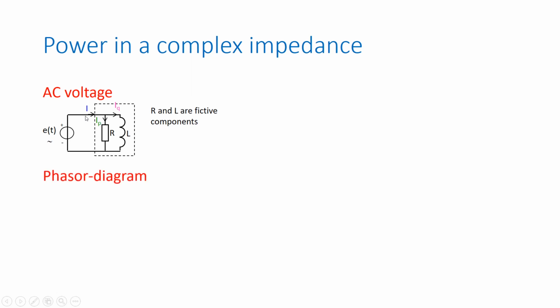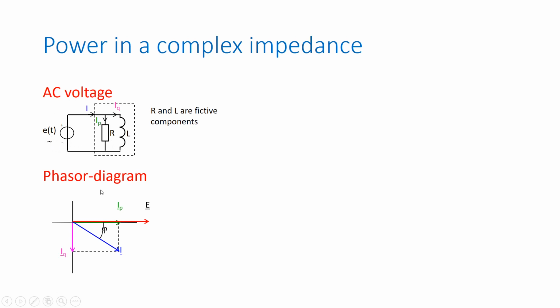Now we can draw the phasor diagram, and we do that by putting the voltage E, the amplitude of the voltage, on the horizontal axis. We know that the current through the resistor is in phase with the source voltage.